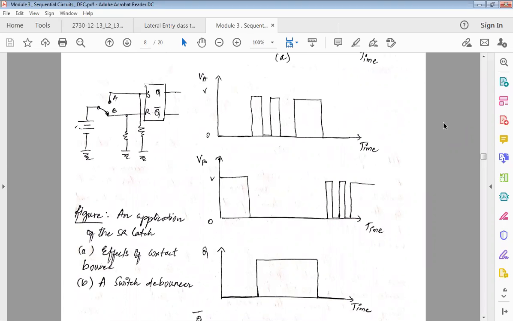You have analog signal generators, and then digital signal generators especially, right? So when you want to generate these kinds of pulses, internally it will actually have an SR latch.